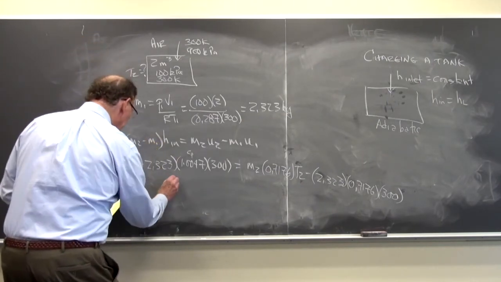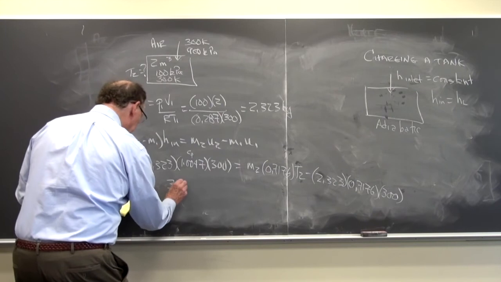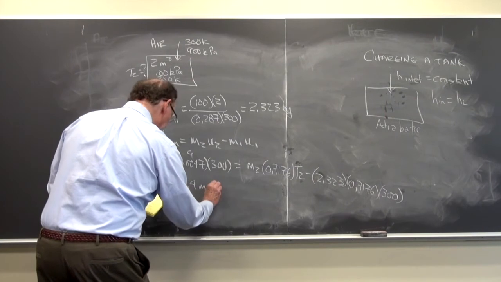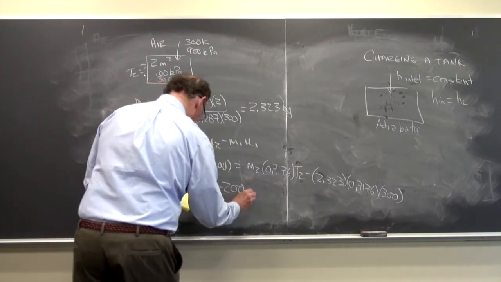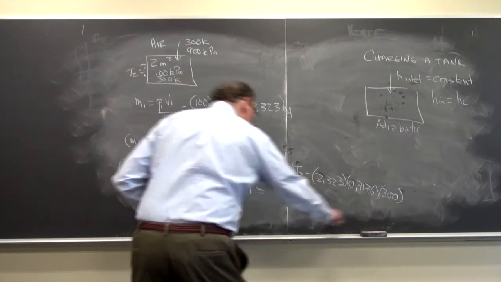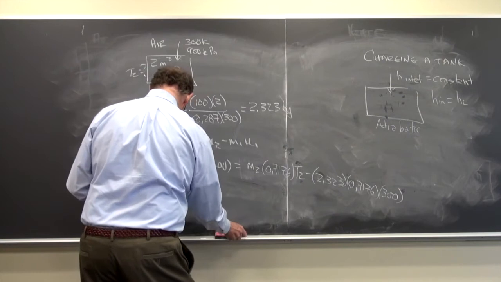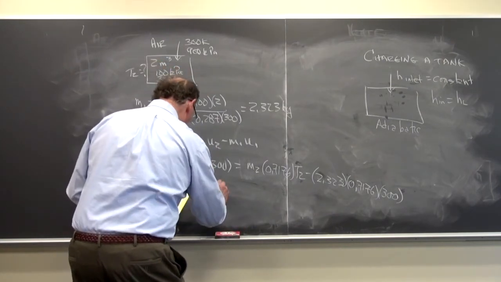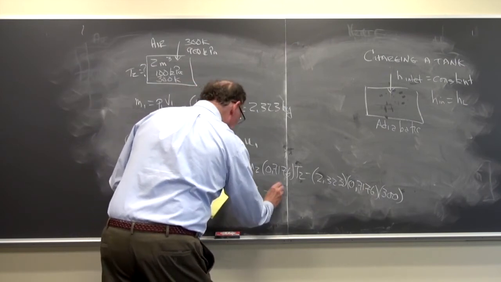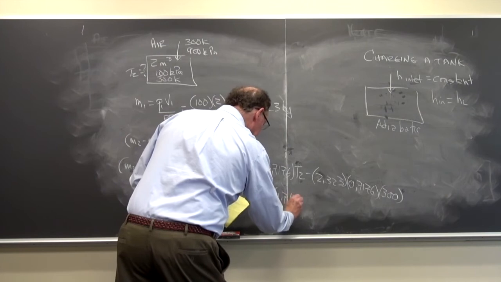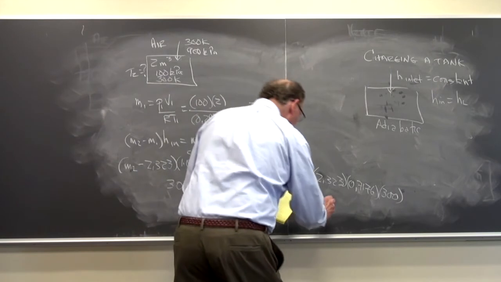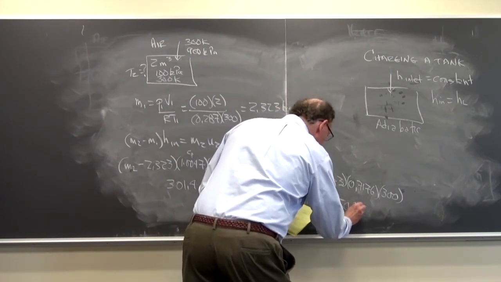And I have 301.4 M2 minus 200.1 is equal to, oh, I jumped a step, minus 700.18 is equal to 0.7176 times M2 T2 minus 500.1.